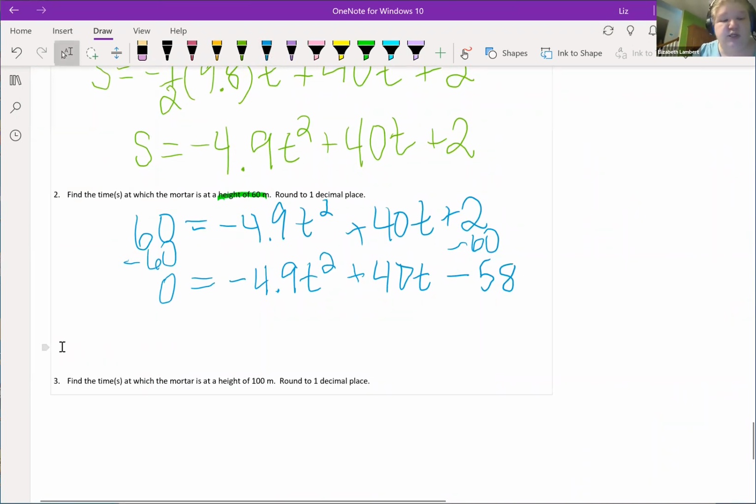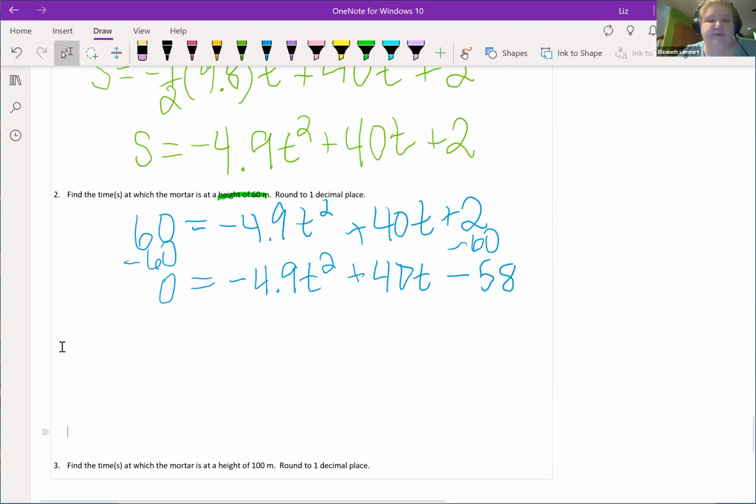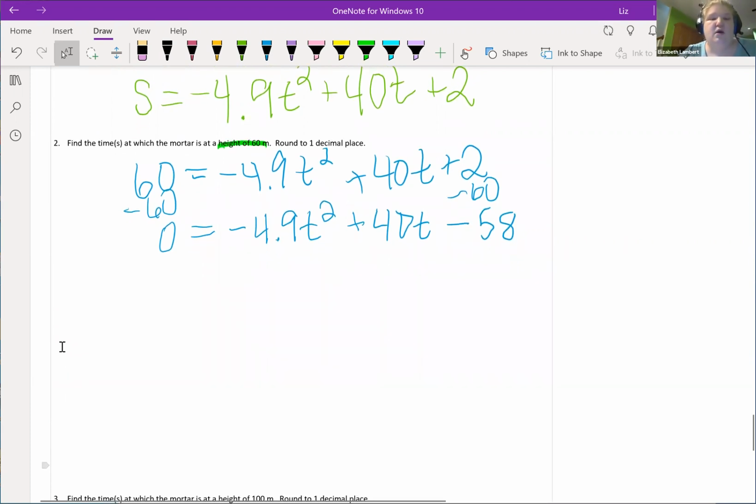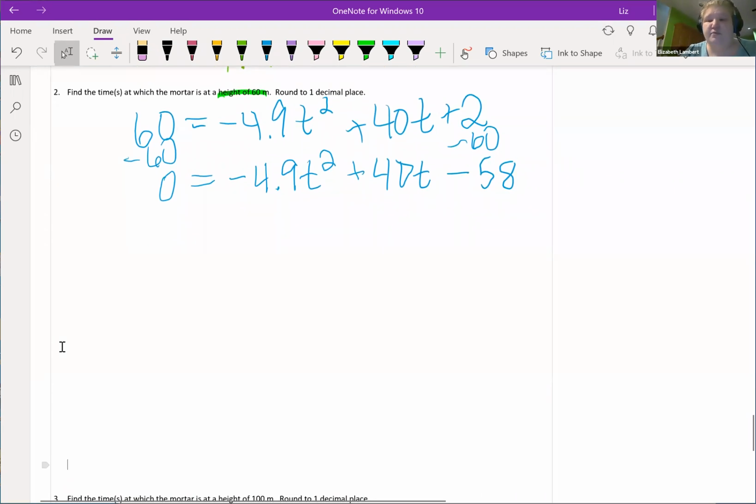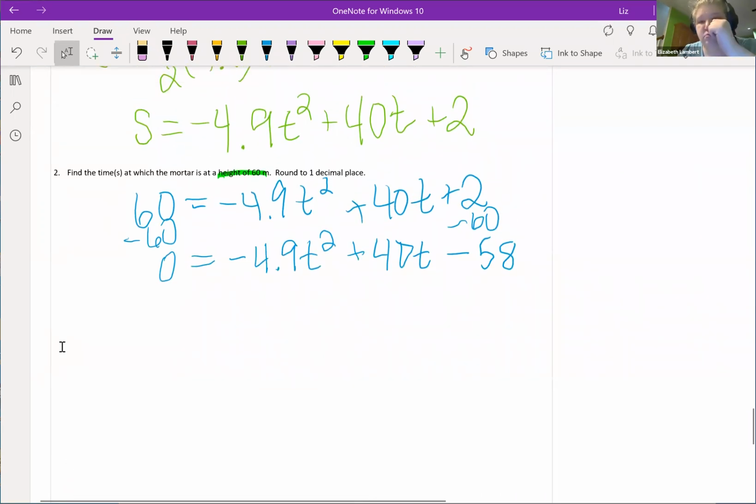Another thing you can do is have your graphing calculator graph the height that we wrote here. Just put it in terms of x, and it'll show you a nice little arc. Then on a second y, you could type 60 in, or you could type the resulting equation we have here. If you type the 60 in, then you look for the intersection points between the y equals 60 horizontal line and the graph, and the arc is going to cross it twice.